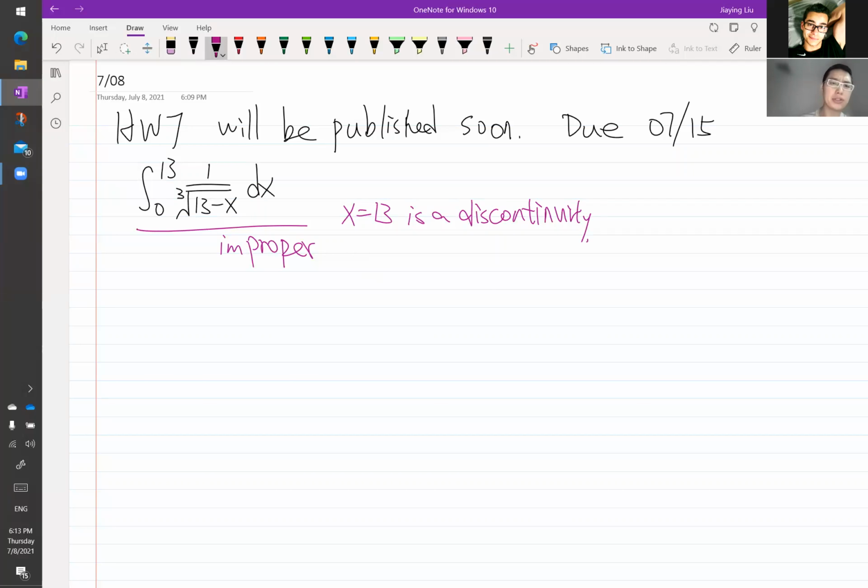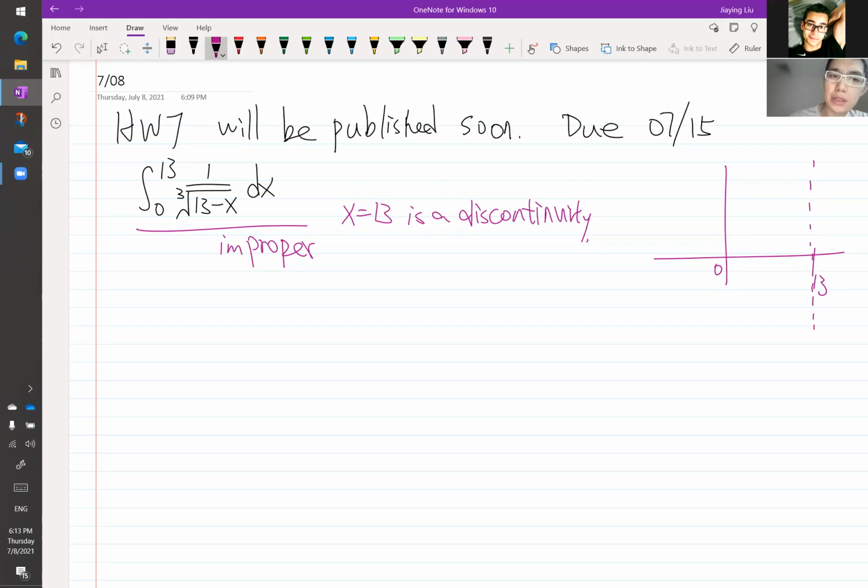For x less than 13, like any number between 0 and 13, if you put it in there, you know that the denominator is always positive, right? 13 minus a number less than itself is positive. I'm just going to quickly sketch what the graph looks like. So 0 is here, 13 is there. We're integrating in this interval, but 13 is a discontinuity.